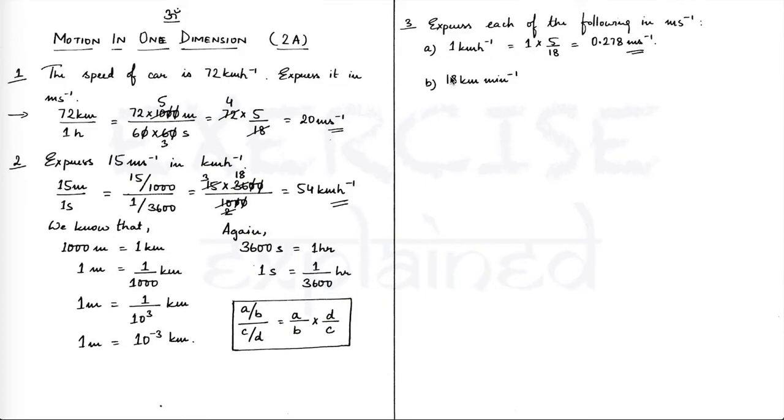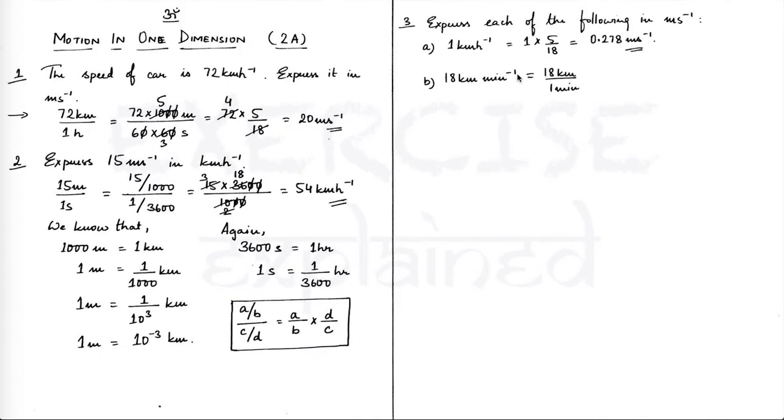Coming to the next one, 18 kilometer per minute. Now 18 kilometer per minute means that the vehicle, or any object, is traveling 18 kilometers in 1 minute. So we can write it as 18 kilometer divided by 1 minute. Now as usual I will be converting the numerator, that is 18 kilometer, to meters, and 1 minute I would convert to seconds.